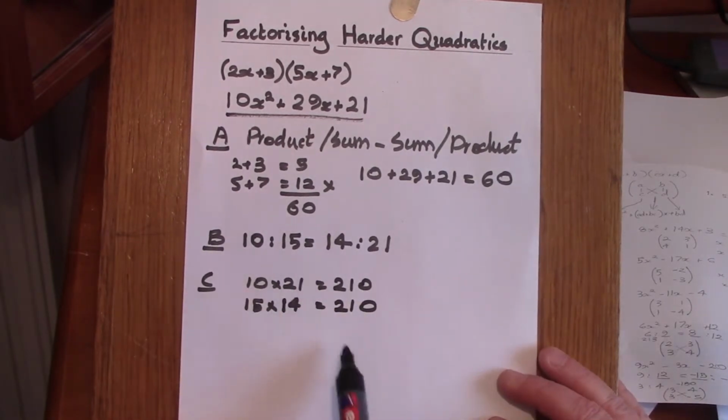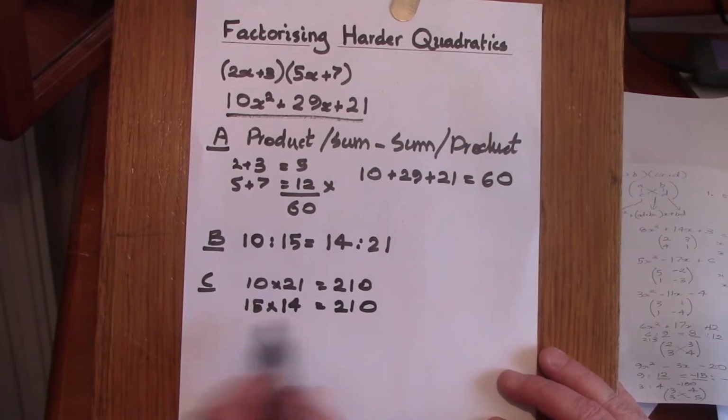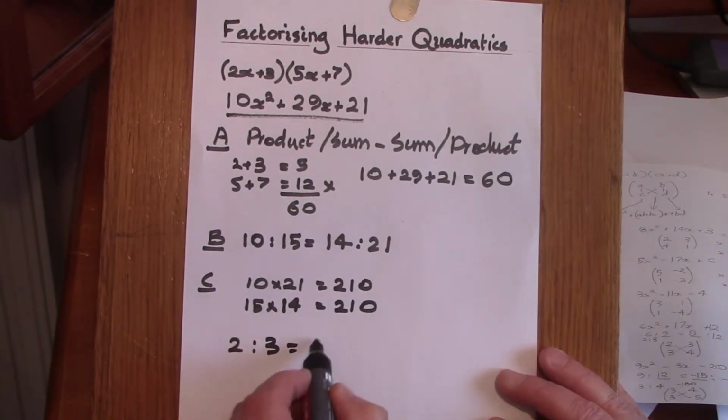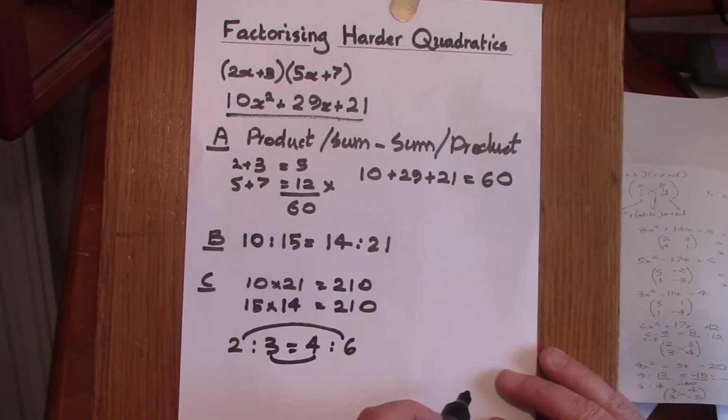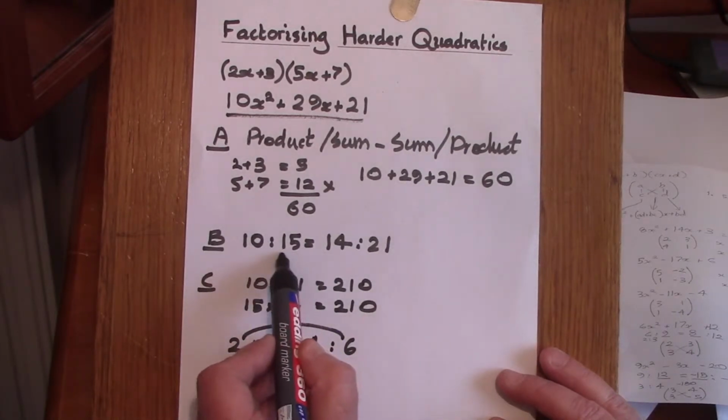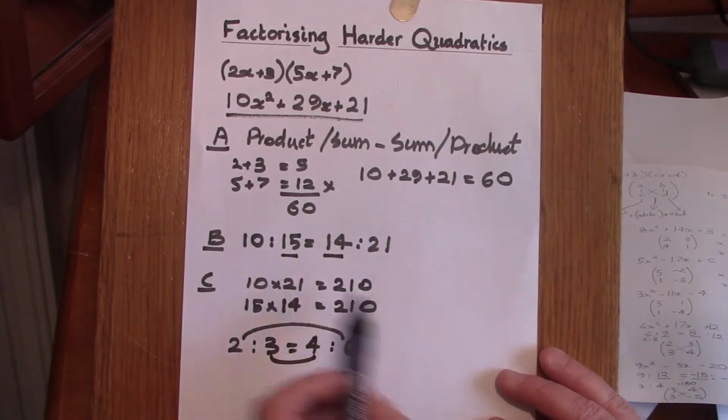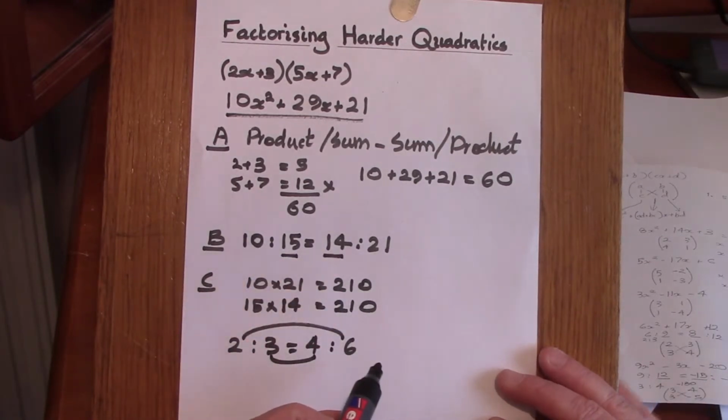That in fact is true for any ratio equation. So for example, if we have 2 is to 3 as 4 is to 6, we can easily see that 3 times 4 is the same as 2 times 6. And again, this can also help in finding missing numbers in a proportion.